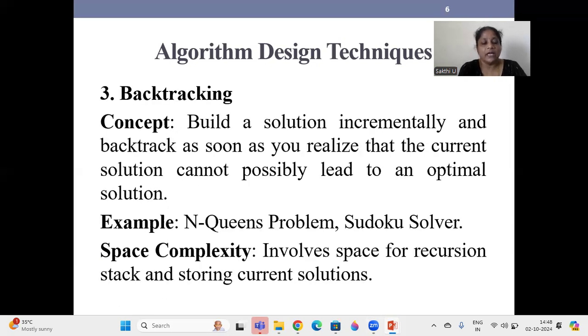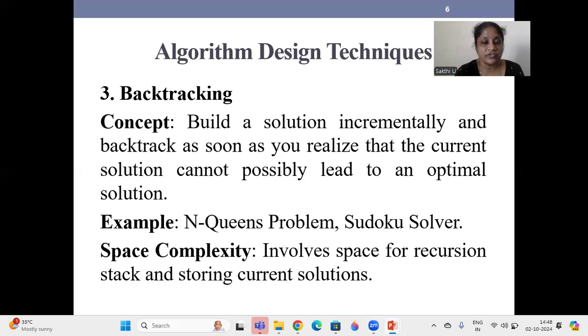And backtracking. Backtracking is a method for solving problems in multiple stages. If one stage or one path does not give the optimal solution, we can go back to the previous stage and find the other options. Examples are Sudoku and the n-Queens problem.